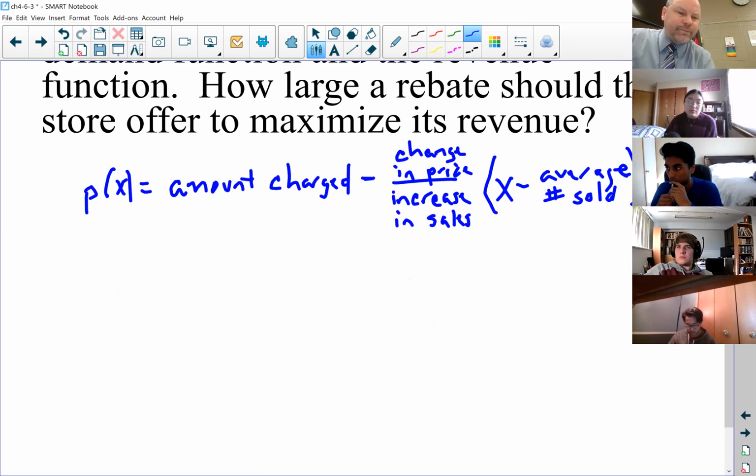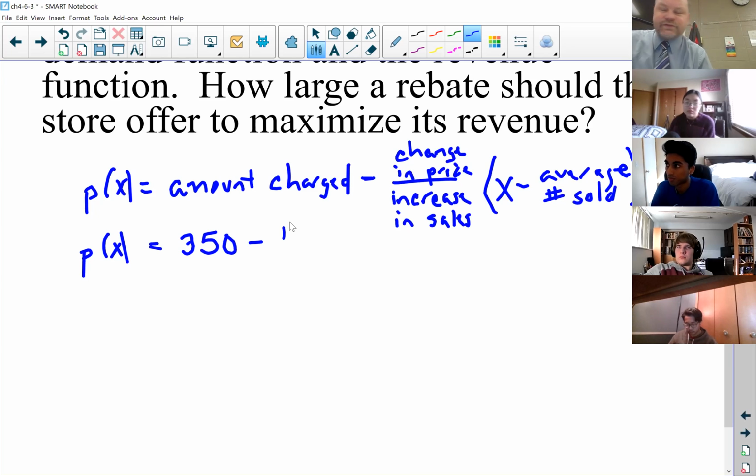So in our example, we initially charge $350. We know that for every $10 that we lower the price, we will sell 20 more CD players.